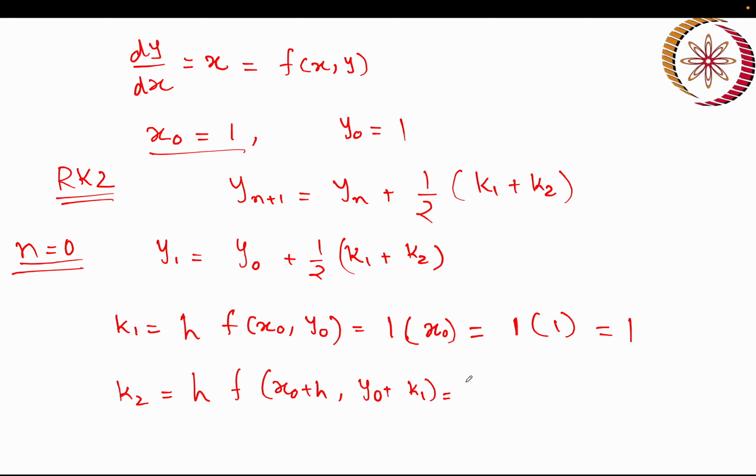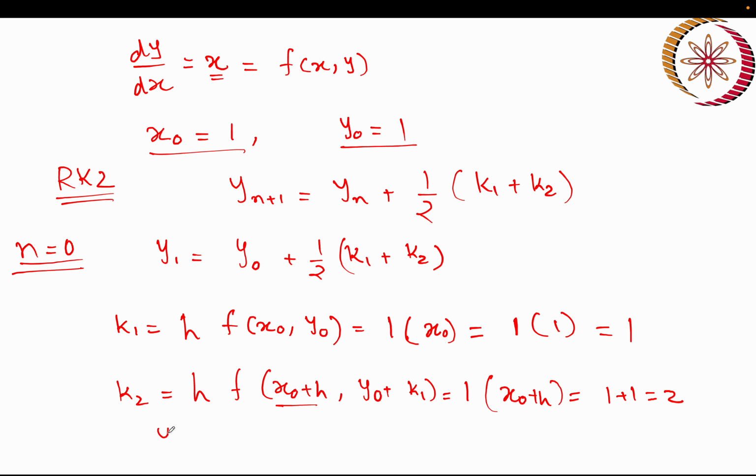So h is 1, we are taking one step, and f of x0 plus h, where x0 is 1 and h is 1, so it will be 1 plus 1, which is 2.